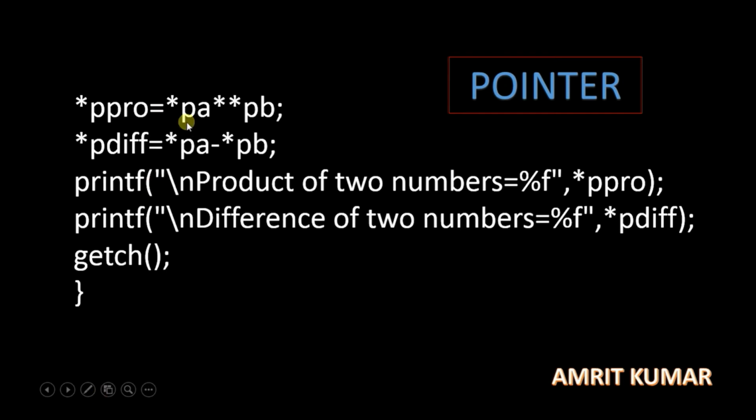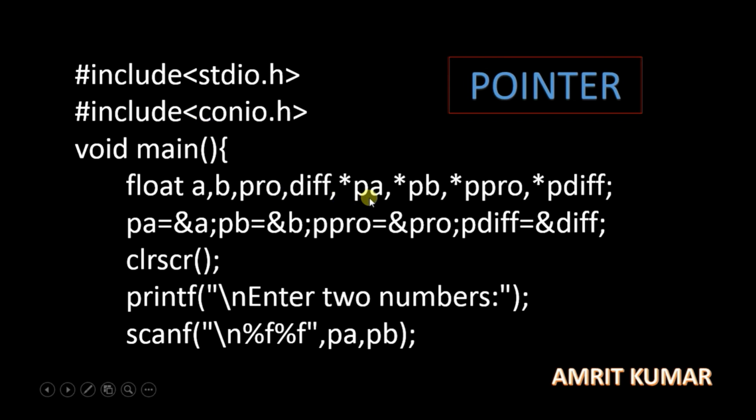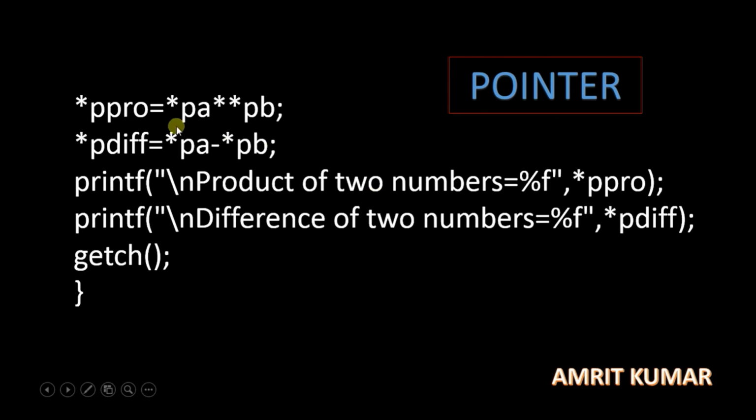You will see *pa into *pb. So *pa is the value of variable a. *pa means, because we are using the asterisk with pa a second time in the program, here it is the first time and here it is the second time, it contains the value of variable a and the value of variable b.